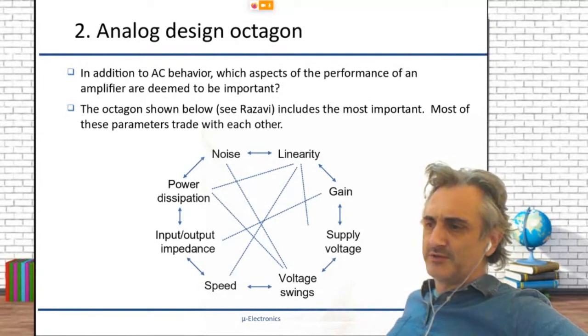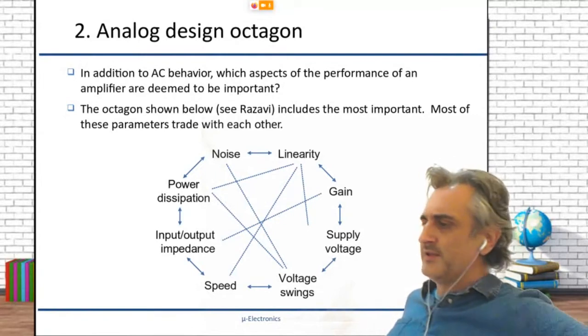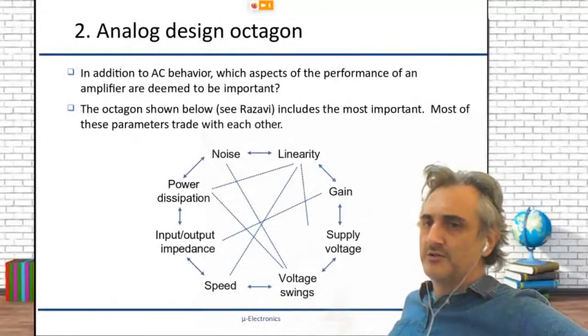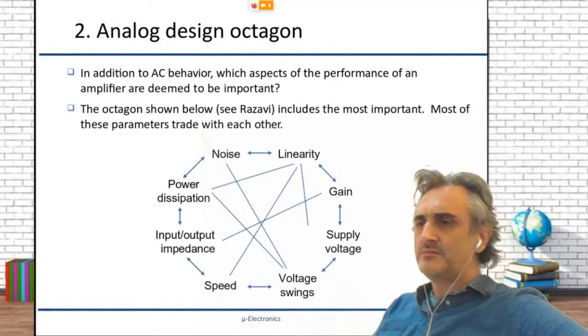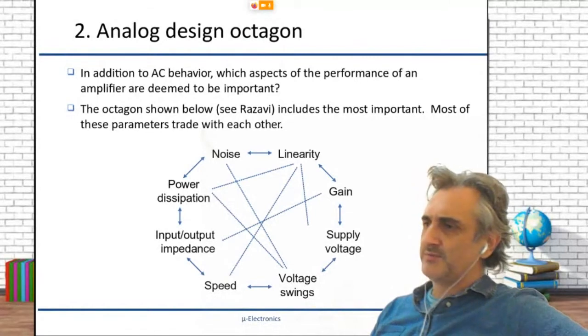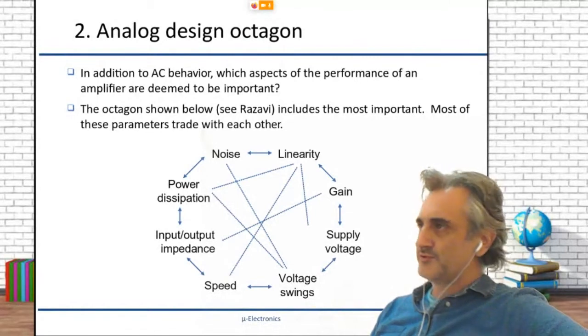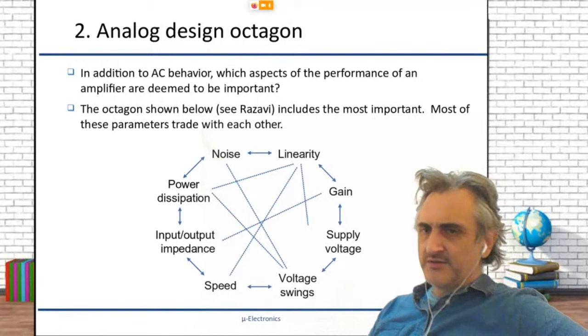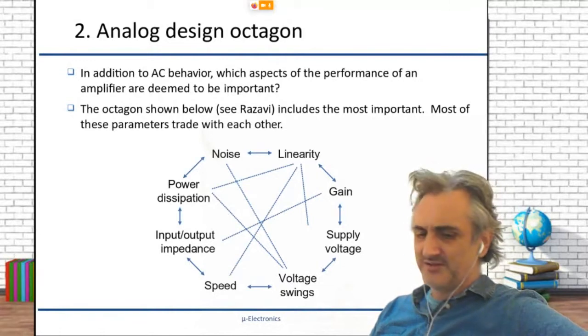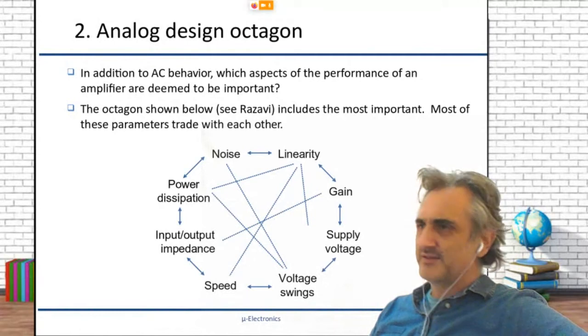Whenever you wish to filter your signal, you use an amplifier. Whenever you want to do anything with your signal, you use amplifiers. So everything in analog electronics is based on amplifiers, and this is why we are focusing only on amplifiers. There are some more complex circuits out there, like mixers and oscillators or things like that.